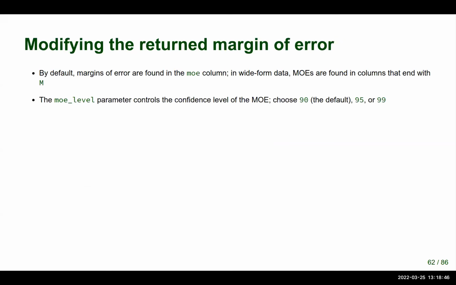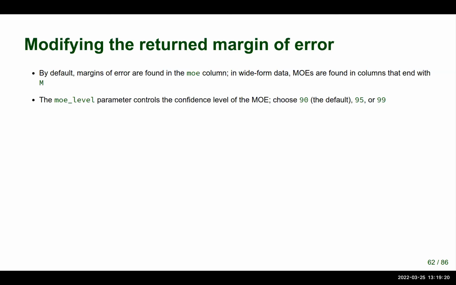And so when thinking about margins of error, there are a variety of different things that you can do with your MOEs. By default, as we've talked about before, your MOEs are going to be coming back in the MOE column. In wide form data, your MOEs are going to be spread across the columns with your variable name with the suffix of M. Now, by default, the American Community Survey returns data with margins of error at a 90% confidence level.